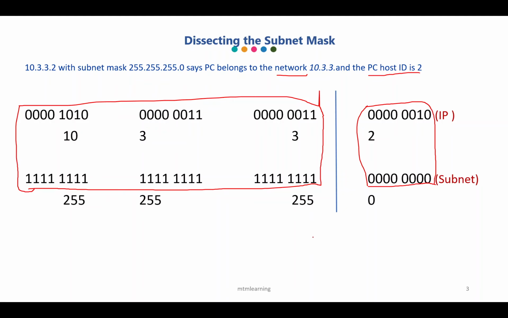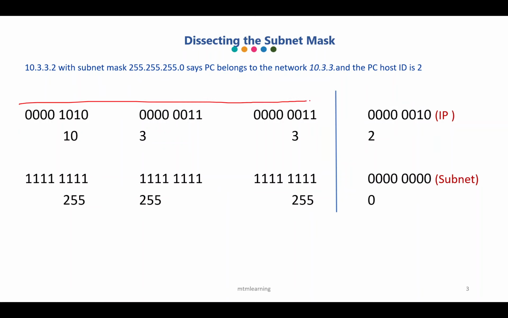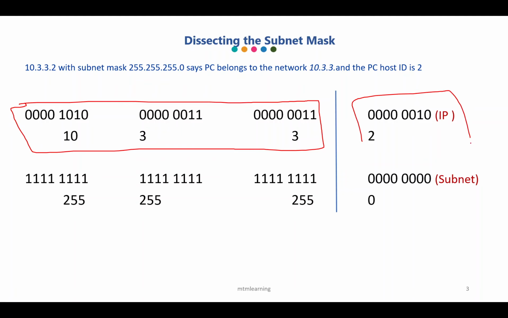So if you take a look at it, it would just give you a clear idea. Why do we say this portion is a network address, and why do we say this portion is a host address? Like here.